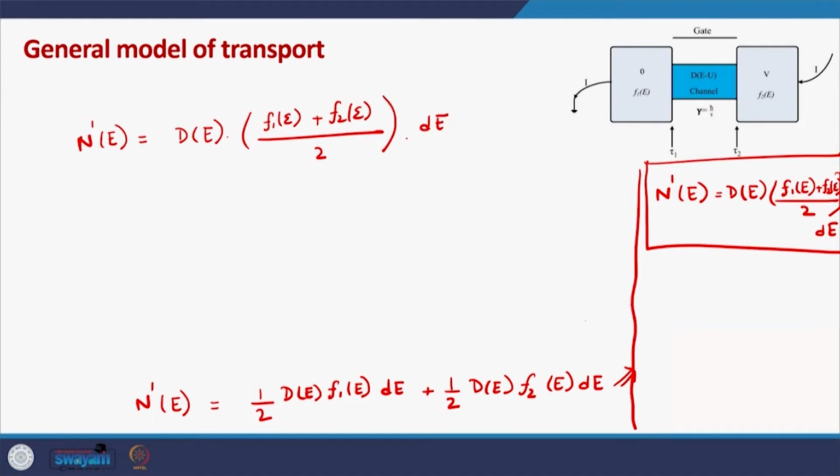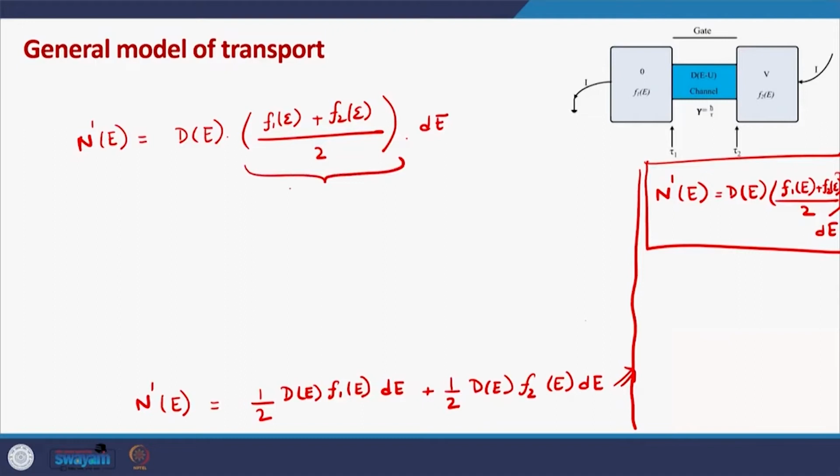So, now when both the contacts are there, the channel is filled with a Fermi function which is the average of the two Fermi functions. So, let us say this becomes the Fermi function of the channel in the steady state.